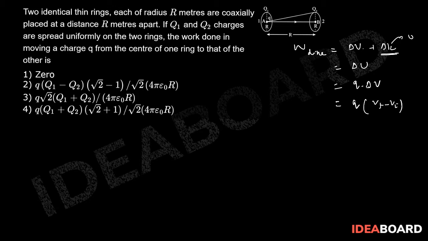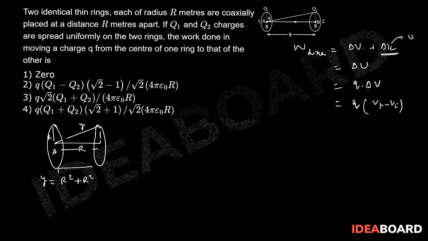In the initial condition, the charge is at this point A, and this radius is r, and this distance is y. We know the value of y because this distance is r, so y will be the square root of r square plus r square, which is r root 2.